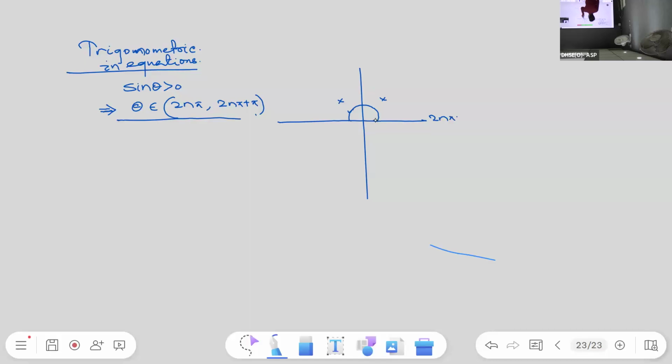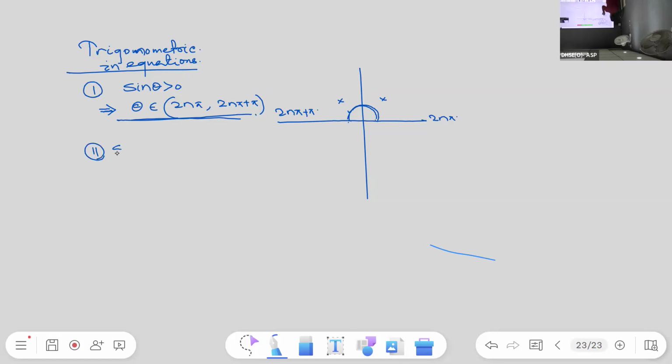If you want to move from this position to this position, you have to cover an extra angle of 180 degrees. So this region is 2n pi plus pi. So sin theta greater than 0 implies theta belongs to 2n pi to 2n pi plus pi. Okay. Then come to sin theta less than 0.